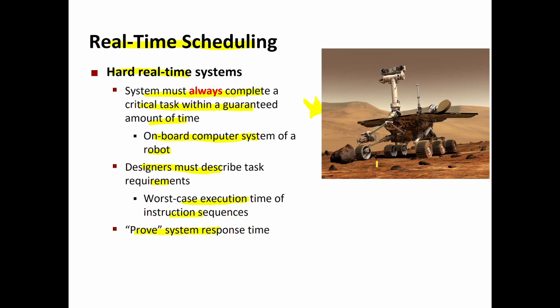You can imagine that, for example, if I want to control the wheels of the robot, sending commands to the wheels, you may have to do this every, say, 20 milliseconds, because when you're moving, if you lose that time frame, you may collide with something else or lose track. So bad things can happen. That's why we want to have these hard real-time systems.